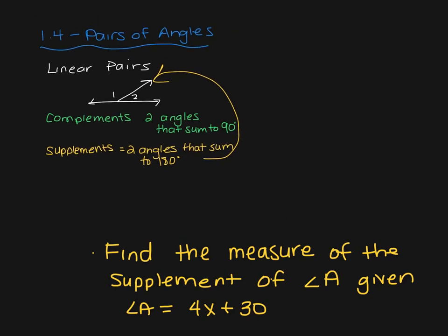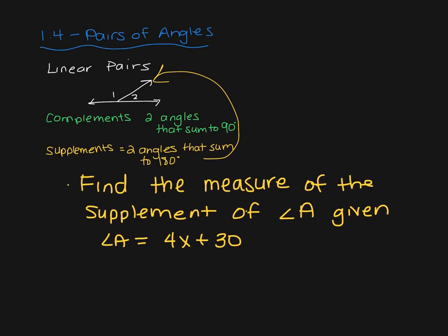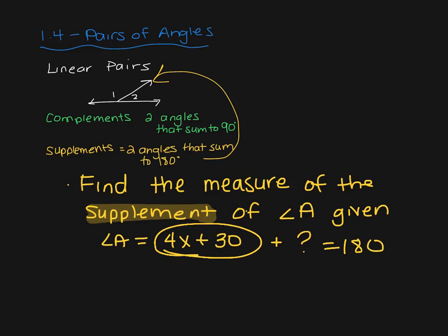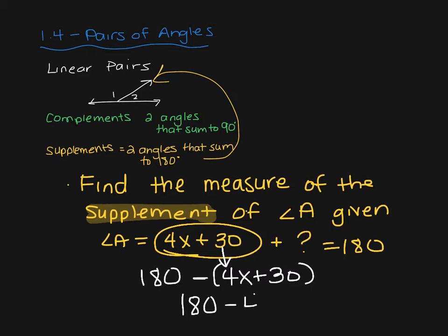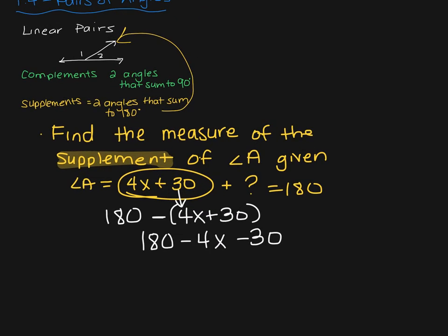And so for something like that, I know if there's supplements, they'd add up to 180 degrees. So this angle plus the angle that we don't know would equal 180 degrees. Since we can't introduce a new variable here, I would say that the remaining angle would be 180 degrees minus the current angle, so 4x plus 30. And then I would just distribute the negative, so I'd get minus 4x minus 30, and then combine your like terms. So you'd get 150 minus 4x.